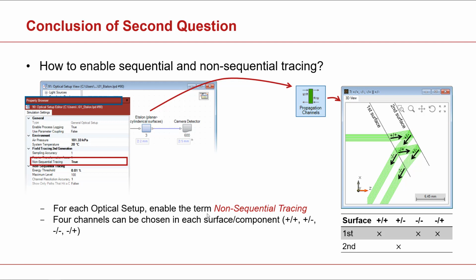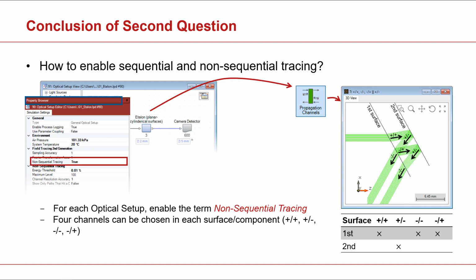Then users set the channels of each surface or component to define different degrees of non-sequential tracing for the optical setup. There are 4 different channels, and we have already introduced the definition of the different channels. From now on, the concept part is done.